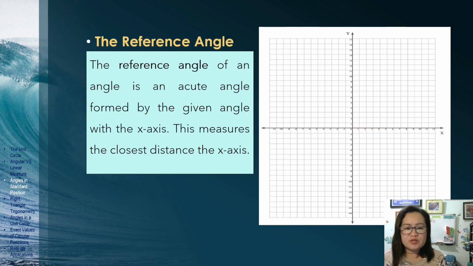Another term that we need to understand is the reference angle. It is referred to as an acute angle formed by the given angle with the x-axis. First, it should be an angle in standard position. If you have an acute angle in the first quadrant, you don't have to get another acute angle.